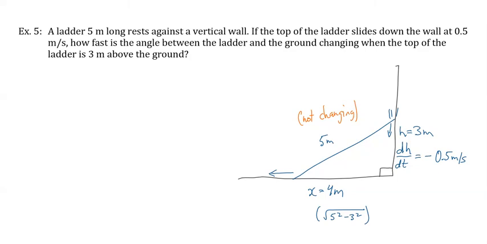Derivative of sine is just cos. Don't forget d theta by dt. It's 1 over 5 dh by dt. What is cos theta? Well, we've got the side already because we already found it. If we hadn't, we would have had to do it, but it's just 4 over 5, adjacent over hypotenuse.